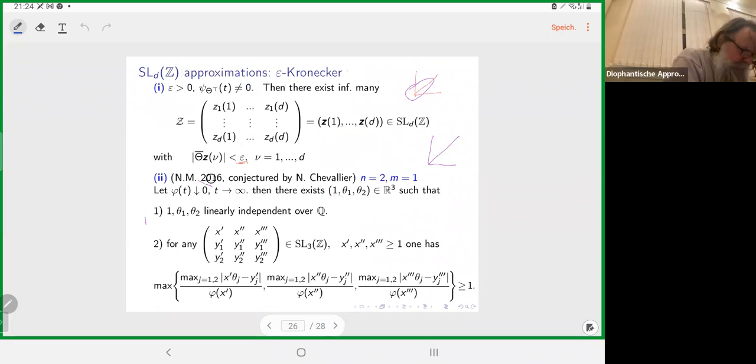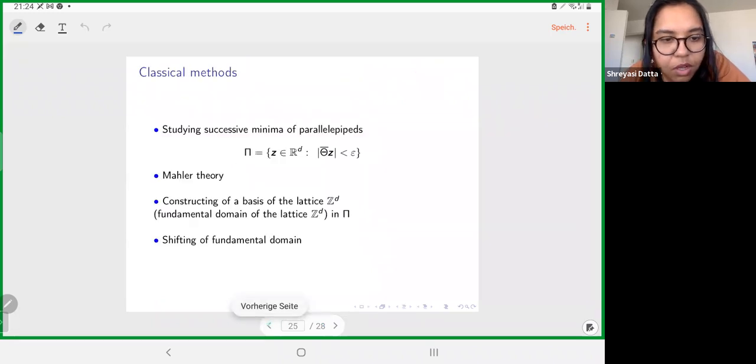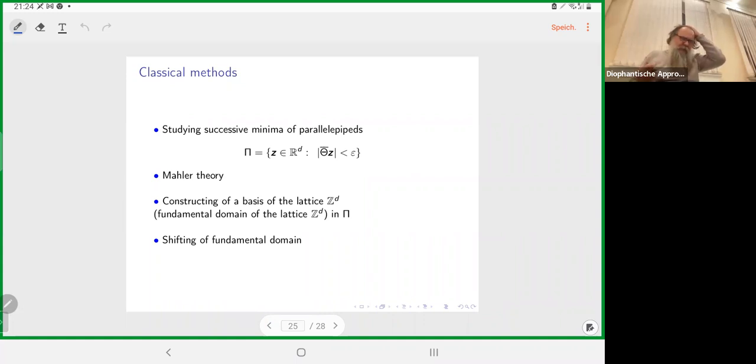Yes, this one. So you say you were using shifted lattices. So what is the exact Mahler's or Minkowski's convex body theorem with respect to a shifted lattice?